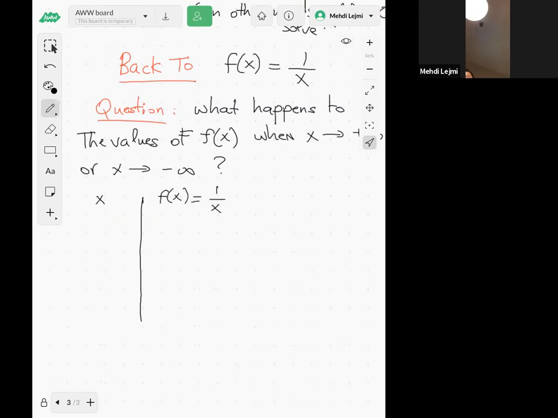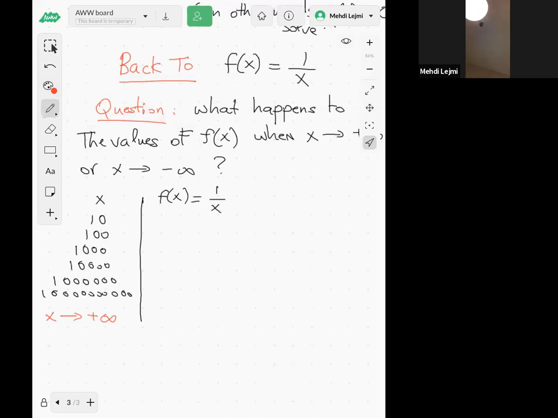You can start with, let's say, x equal to 10, then 100, 1,000, 10,000, 1 million, and then 1 billion, etc. Think of positive infinity as a very, very large number. So the values of my x are getting larger and larger, so here x approaches positive infinity.